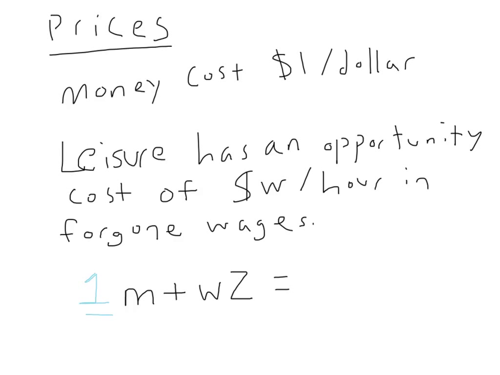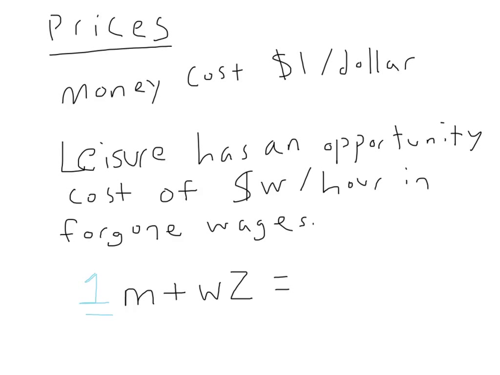We'll just denote that W. So on the left-hand side of our budget constraint, we have M plus W times Z, the amount of money we've spent on money, plus the amount of money we've implicitly spent on leisure. The last step is we need to find our implicit income for this equation and put it on the right-hand side.